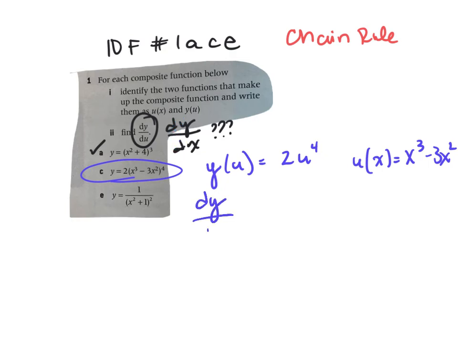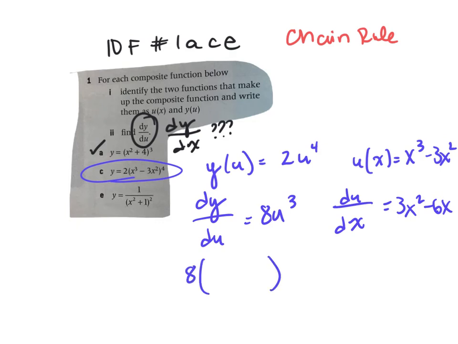So dy/du is going to be 8u cubed, du/dx is going to be 3x squared minus 6x, and then we'd get 8 times u cubed times 3x squared minus 6x, and for u, I'm just going to plug in x cubed minus 3x squared.